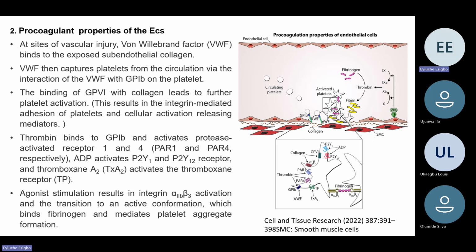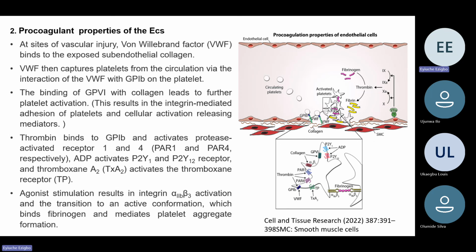After that initial response, endothelial cells, adhesion molecules. The subendothelial connective tissue of arteries and veins is rich in collagen, a flexible, elastic, structural protein that binds and activates platelets.